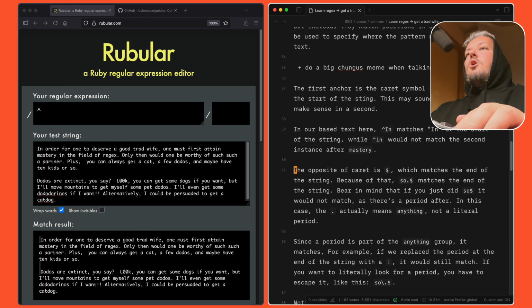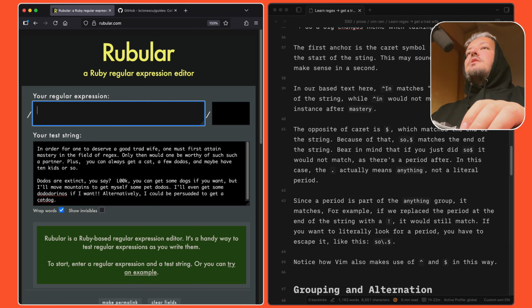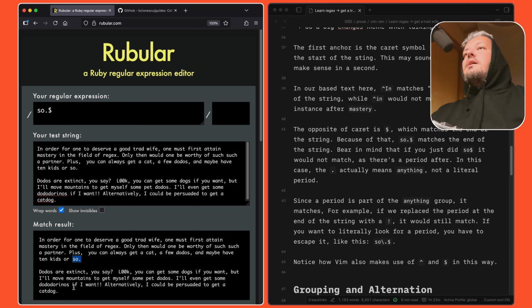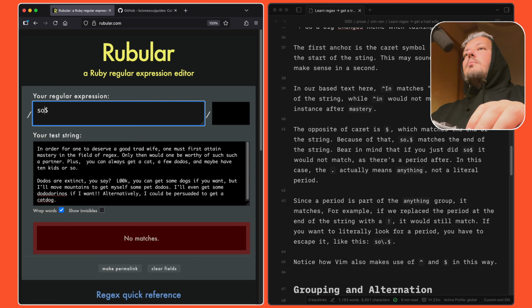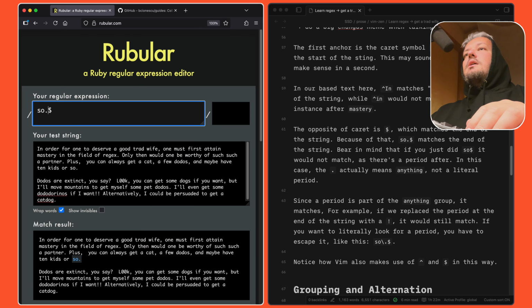So the opposite of caret is the dollar sign, which matches the end of the string. So if we do s o period dollar, this will match the so here at the end of the string. Bear in mind that if you just did so, it would not match, because there is a period after the so. Now in this case, the period that we're putting here doesn't mean period.